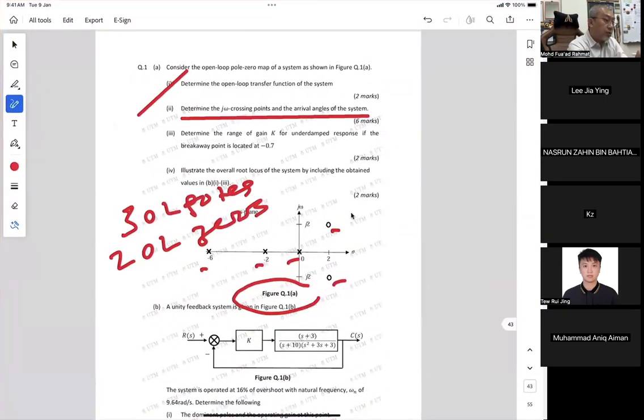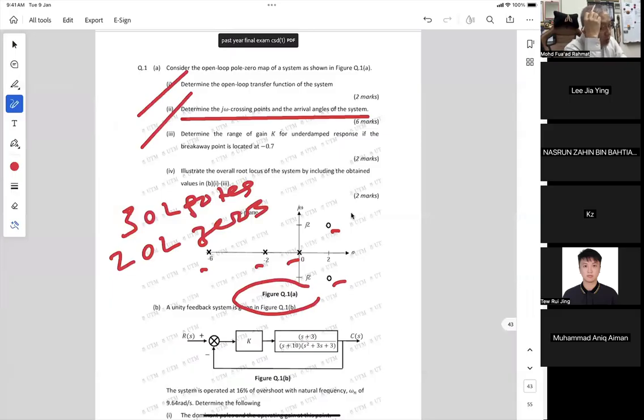Right. So determine the range of gain K for the damped response if the breakaway point is located at minus 0.7. Okay. Breakaway point.